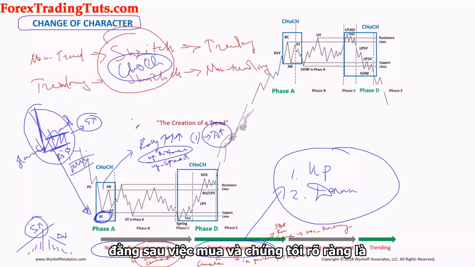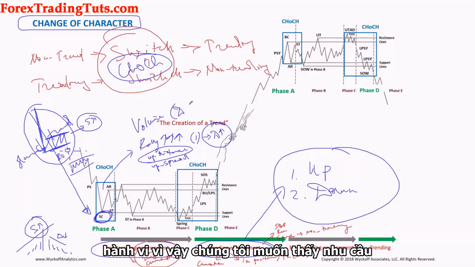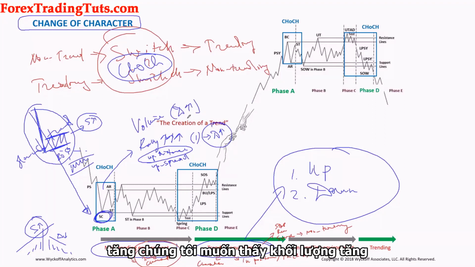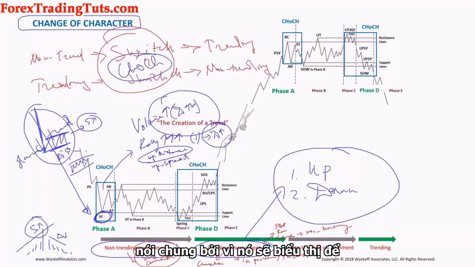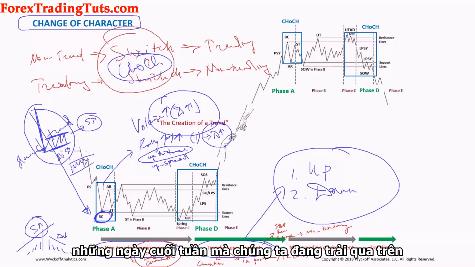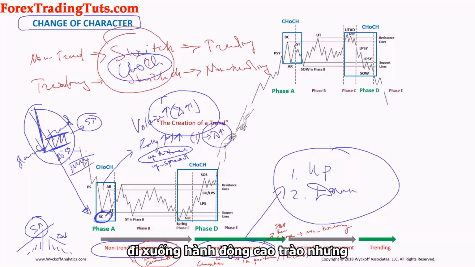And we obviously want to see the change in the volume behavior. So we want to see the demand increase. We want to see volume increase in general, because it would signify to us that it's not only selling by weak hands that we're experiencing on the way down into the climactic action, but also there is some buying behind this.